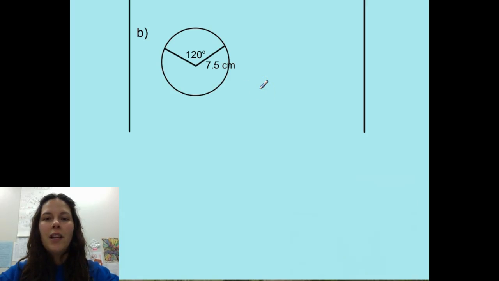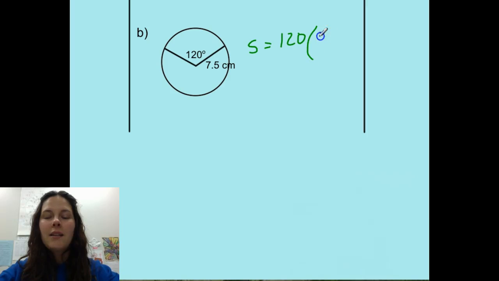Our next example, the angle measure is in degrees, so we need to convert that to radians to find our arc length. So our arc length equals, in order to convert it to radians, we take the degree measure times pi over 180 and then multiplied by the radius. 120 over 180 simplifies to 2 pi over 3 times our radius of 7.5.